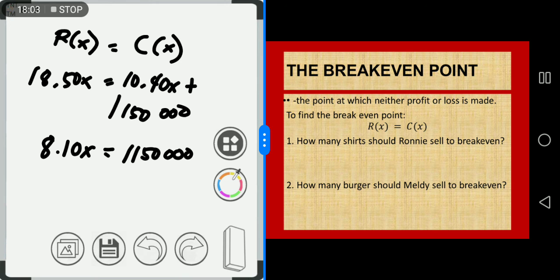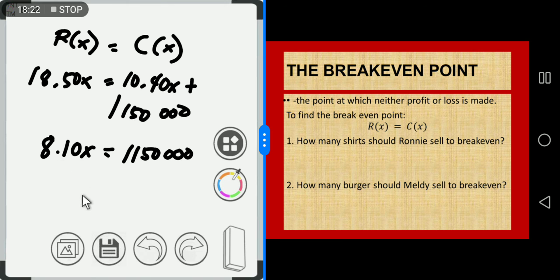So, if we have 1,150,000 divided by 8.1, we have 141,975.308. Kahit 0.3 siya ang kasunod niya, we round it up.